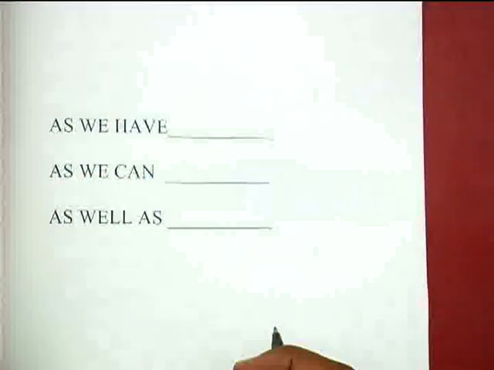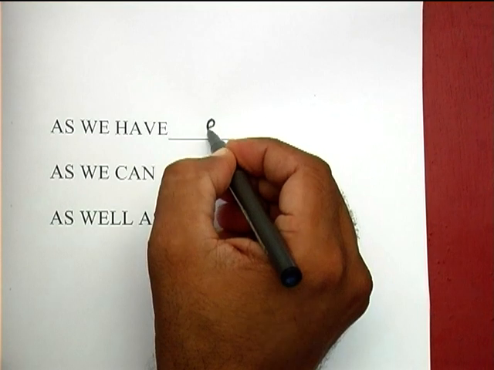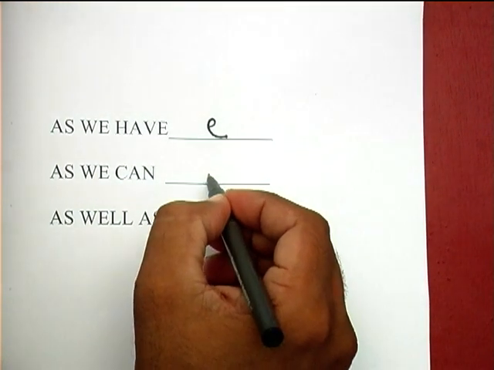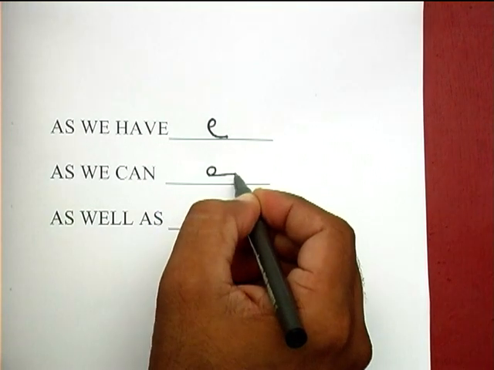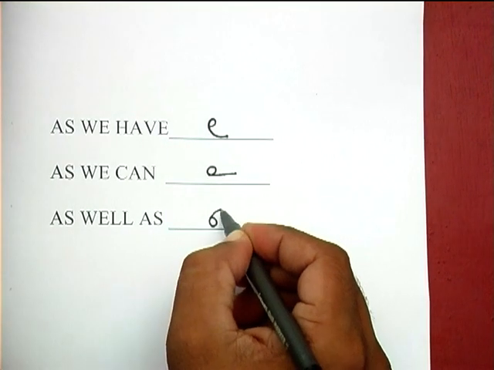Now we will discuss the large circle in phraseography. The SW circle is used for the words "as we" in phrases like as we have, as we can, and as well as.